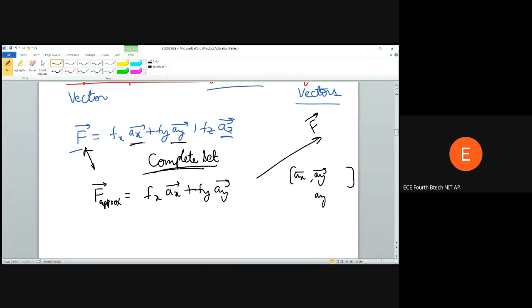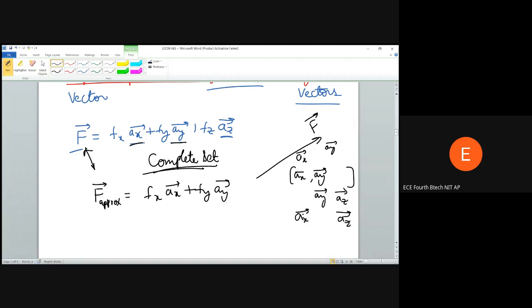If you want, you can represent it with ay bar and az bar also, and then if you want, ax bar and az bar also. Yeah, that is also possible. And you can approximate the vector f bar in terms of ax bar alone, or ay bar alone, or az bar alone.